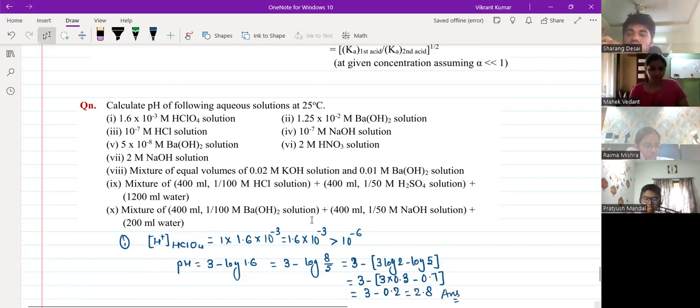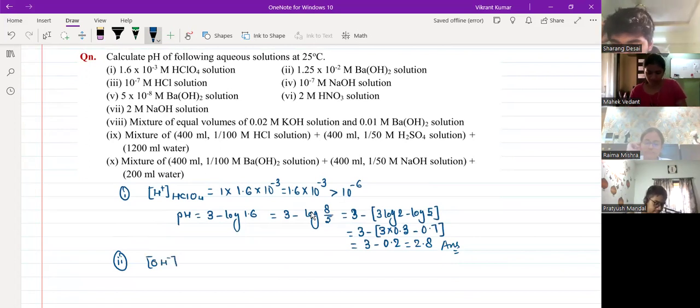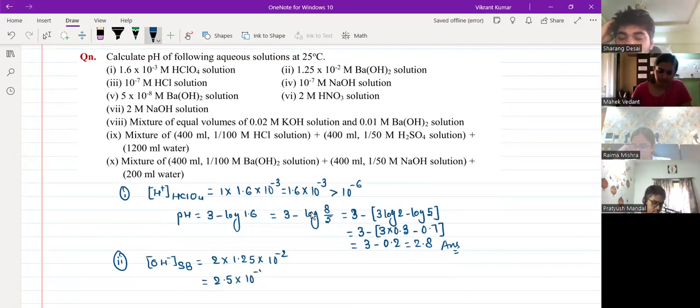If you see the second one, now it is a strong base. So that's why OH minus from strong base will become double of 1.25 into 10 raised to minus 2. That becomes 2.5 into 10 raised to minus 2, which is again greater than 10 raised to minus 6.